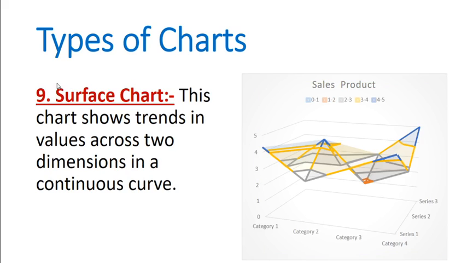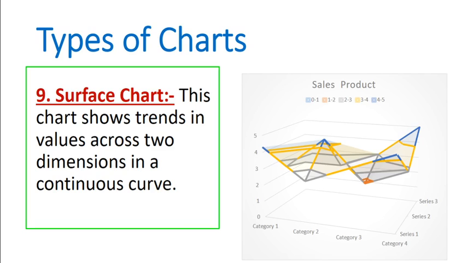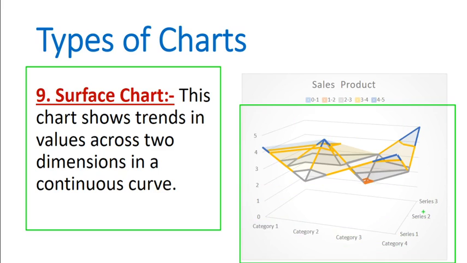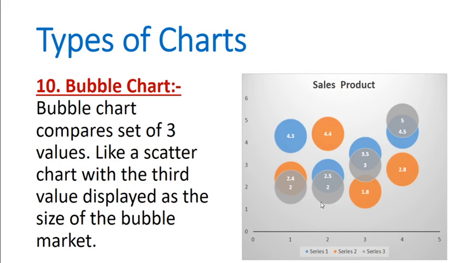The ninth type of chart we can see here is the surface chart. This chart shows trends in values across 2 dimensions in a continuous curve. Here is an example of a surface chart. Now the 10th type of chart is the bubble chart.